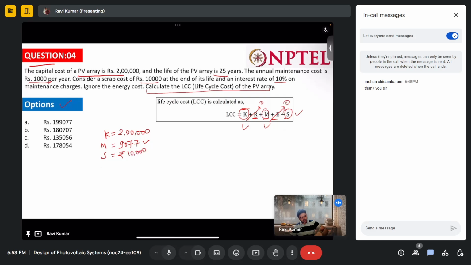So total LCC will be 2 lakh plus 9077 minus 10,000.